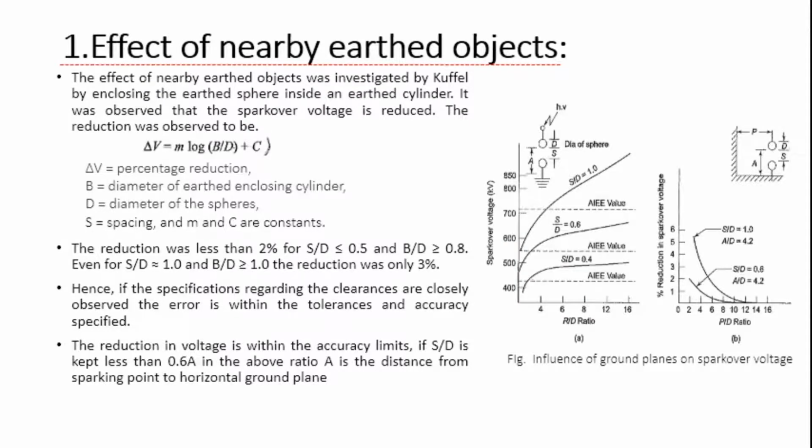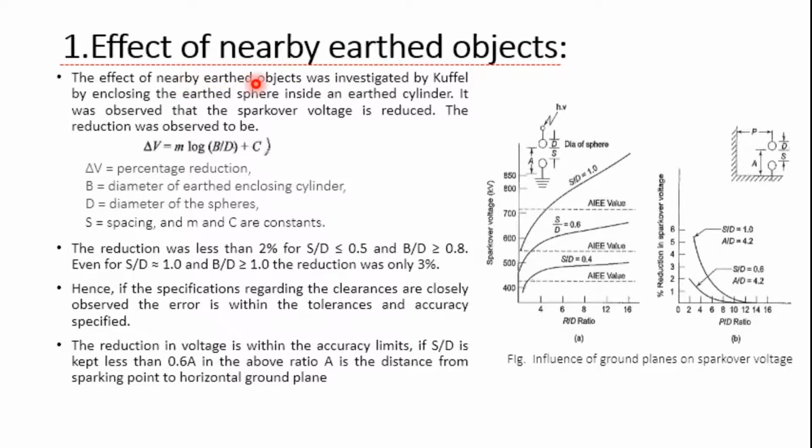Detailed investigations of these different factors have been made and analyzed by Craig and Meek, Kuffel, Davis and Boulder, and several other investigators. We are going to discuss only some of these four points. The first one is the effect of nearby earth object.